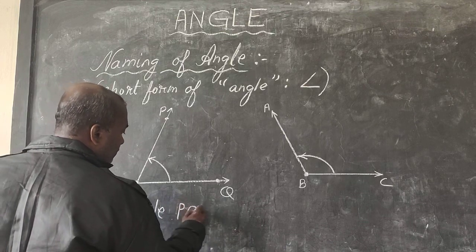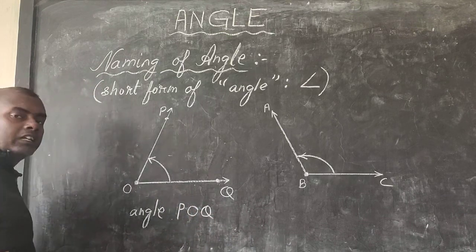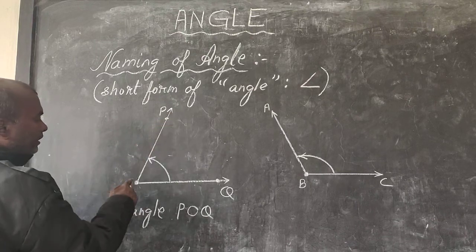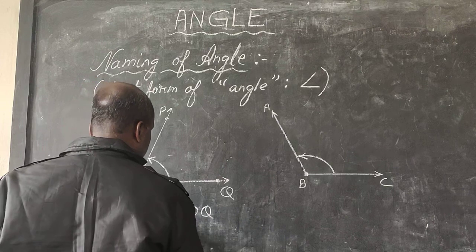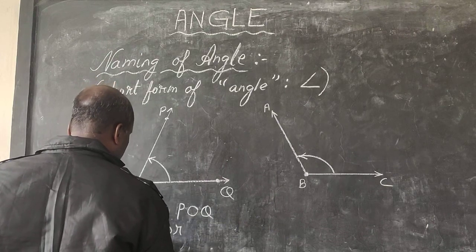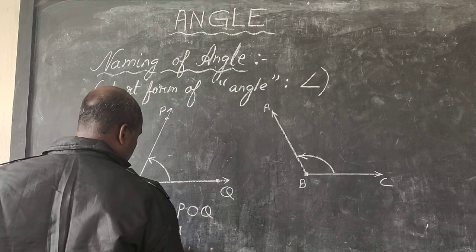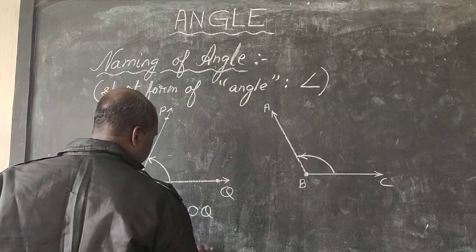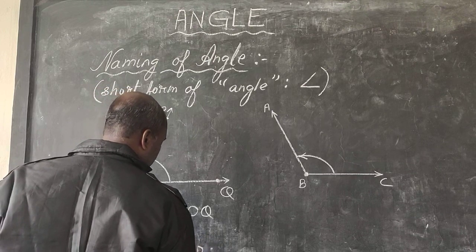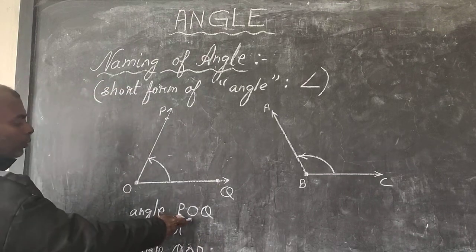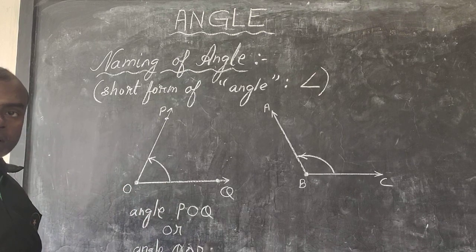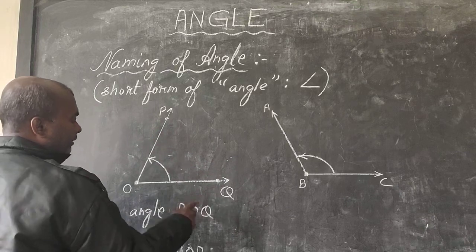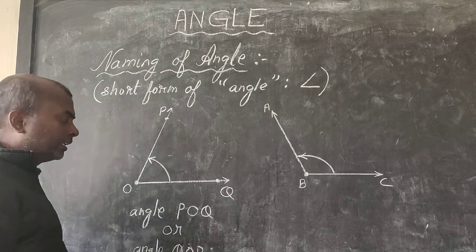Okay? So you can name this angle as angle POQ or angle QOP. In both cases, O is the vertex, is in the center. That we have to keep in mind. And the other two points can be on either left or right.